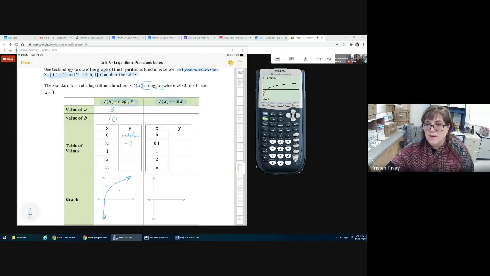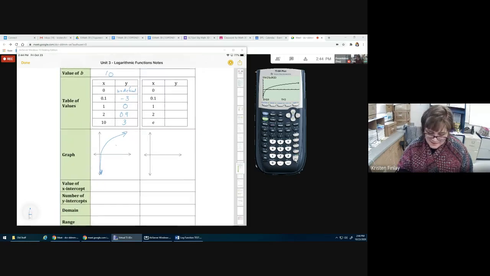I put in 1, I get 0. I put in 2, I get 0.903, so I can just put 0.9. And lastly, if I put in 10, I get y equals 3, which makes sense to me.